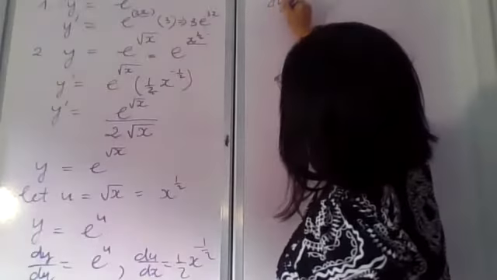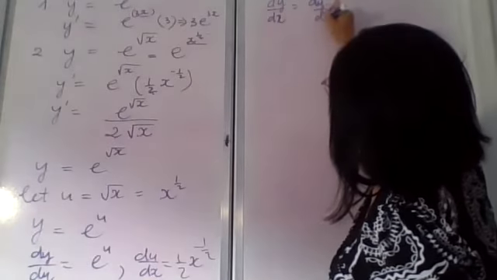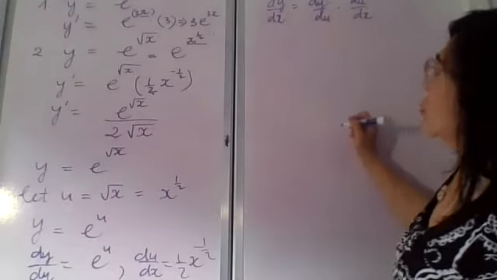Therefore, dy over dx will be equal to dy over du times du over dx, which is the chain rule.